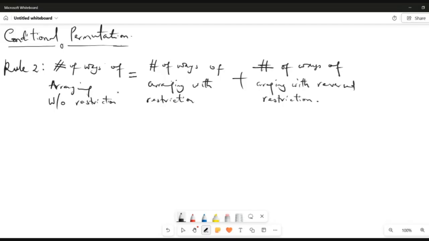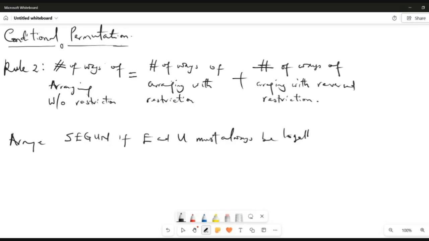So I'm going to show you a real practical example now. Let's say they say we should arrange the letters of the word Shegun if E and U must always be together.